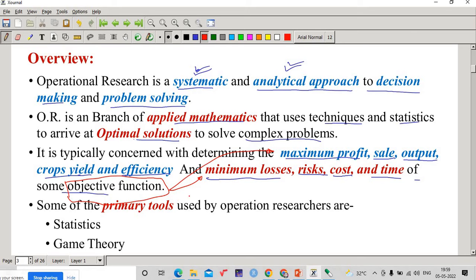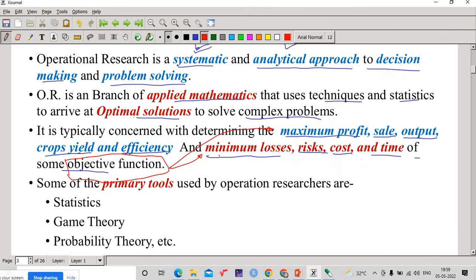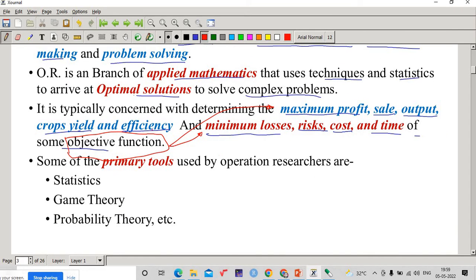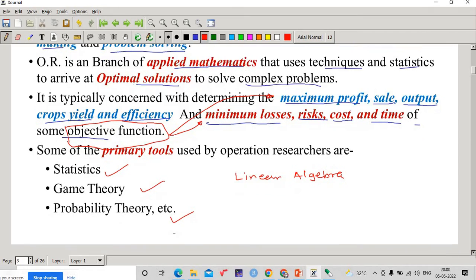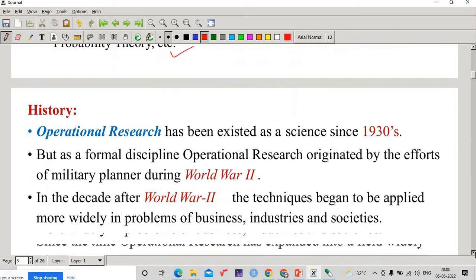Maximize in terms of profit, and obviously minimize in terms of losses, broadly speaking. Some of the primary tools used by operation researchers are statistics, game theory, and probability theory. I must note down here, which is not written, linear algebra. These primary tools are also mentioned in our syllabus, which are the prerequisites.